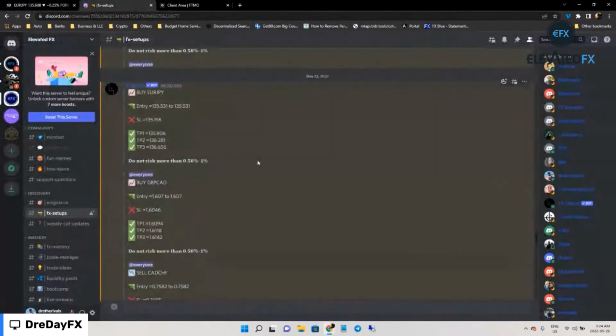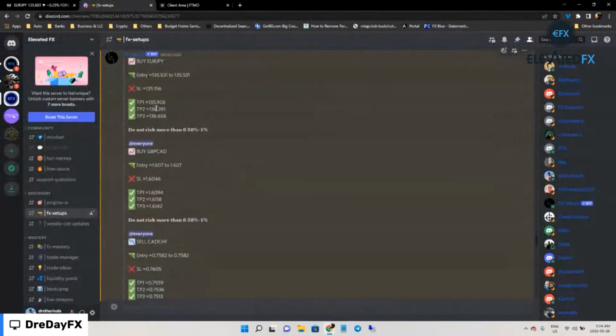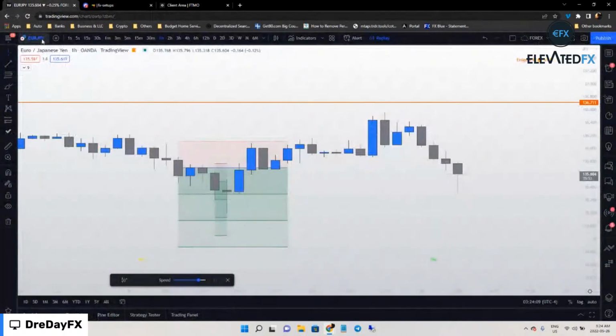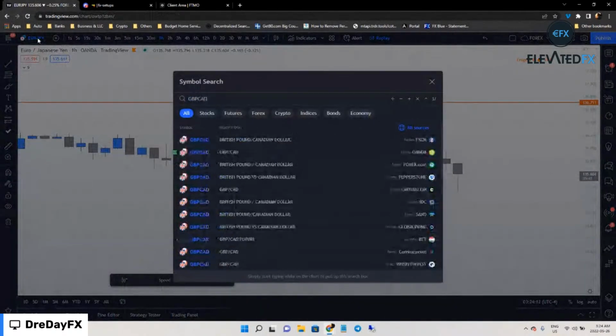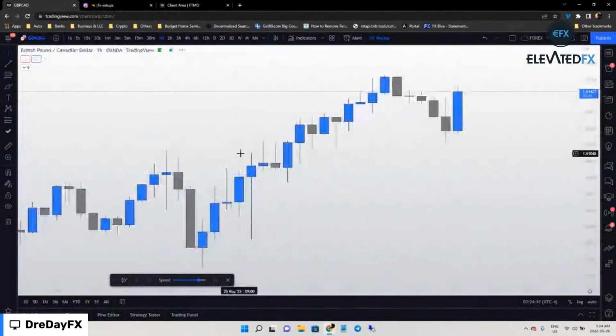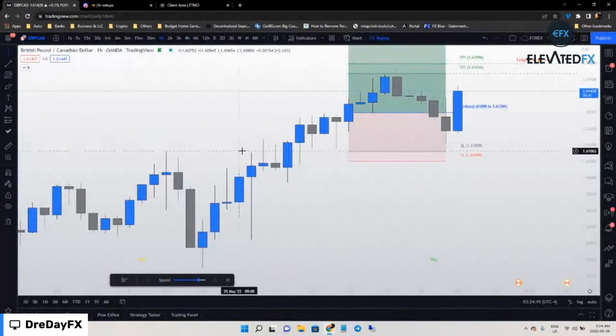So let's look at another pair. We had the GCAD as a buy. Okay, let's see.